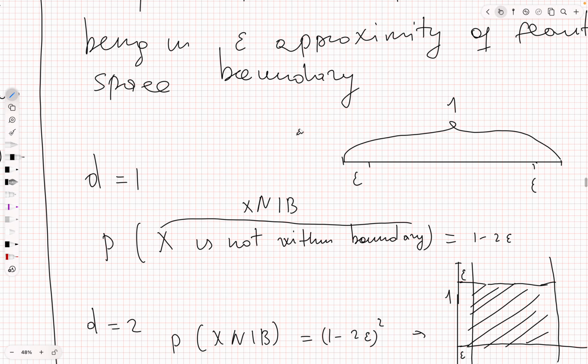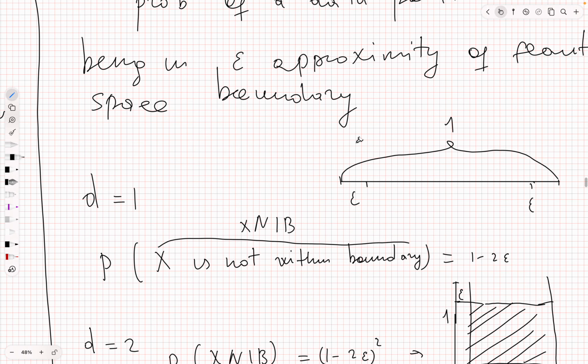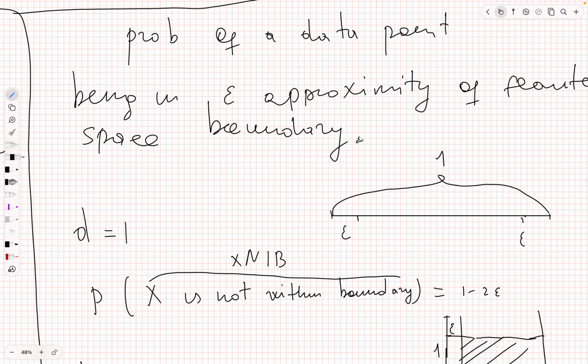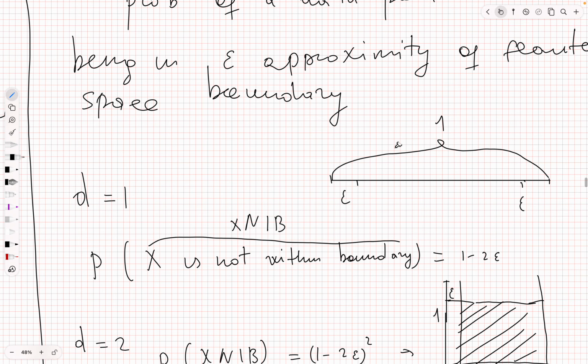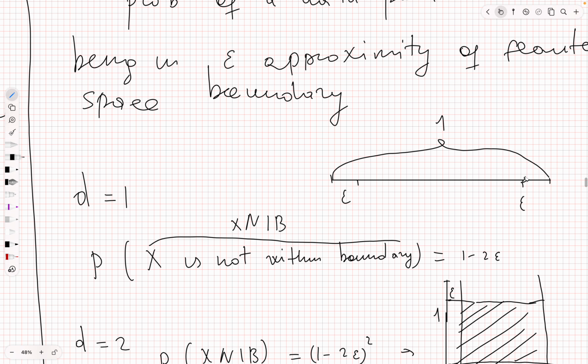So we have our boundary, and we define our boundary like this. We have epsilon, and we will say that the point is within the boundary if it's within epsilon proximity of the feature space. So in this one-dimensional case, if a data point is here or here, we will consider it as a point that is close to the boundary.